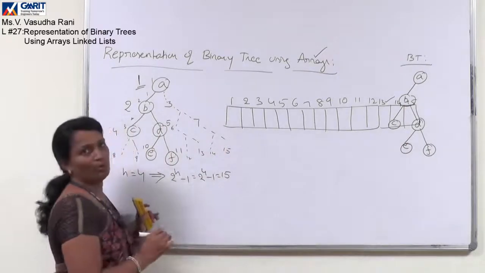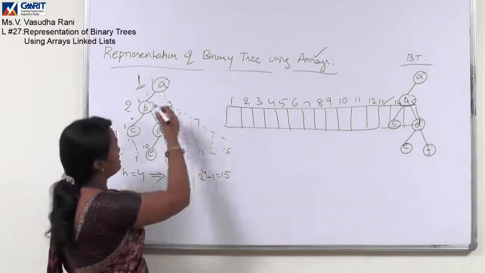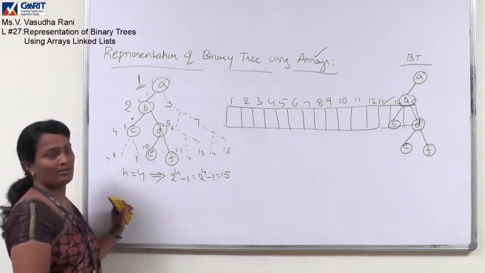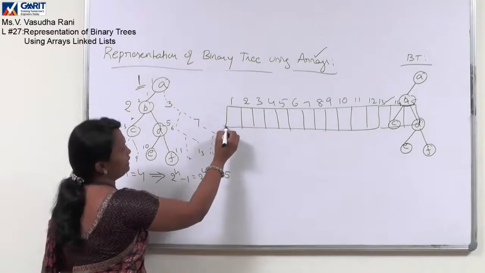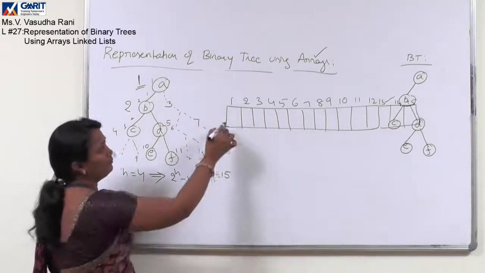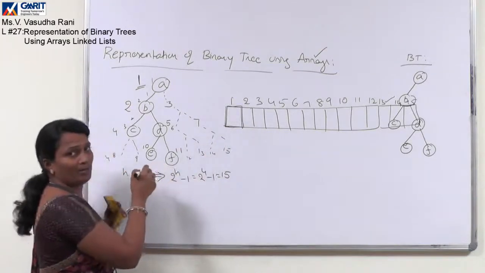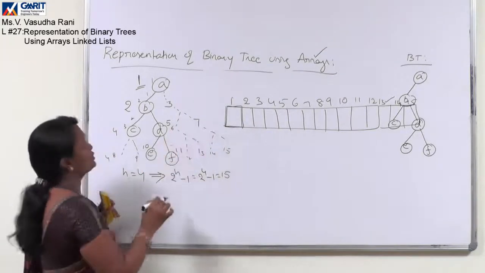Now it is very simple for us, as we have arrived at the maximum possible size of this binary tree. Now, as array indexes are defined, we can simply place the corresponding binary tree node element into that particular position.